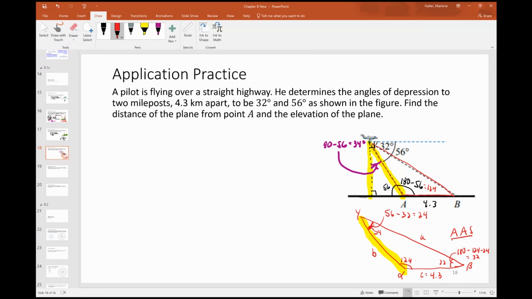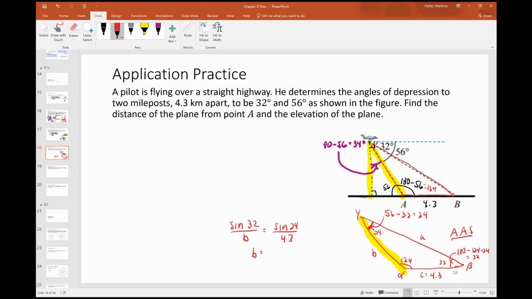I want beta because I'm looking for B. So the sine of beta, which is 32, over B equals the ratio that we know, sine of gamma over C. That'll be the sine of 24 over C, which is 4.3. Now cross products and division by the sine of 24 will give us B.